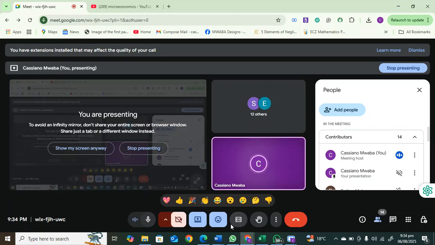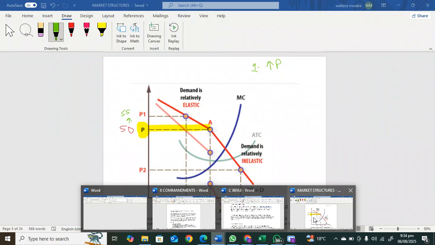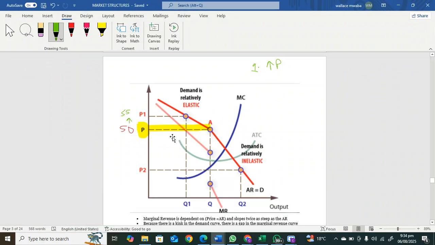So as I said, colleagues, there are three firms. All the three firms are charging 50 kwacha. Firm one increases the price to 55 kwacha. Firm two and firm three maintain the price at 50 kwacha. So what's going to happen to firm one? Since they've increased the price to 55 kwacha, their customers are going to run away from firm one and go to firm two.